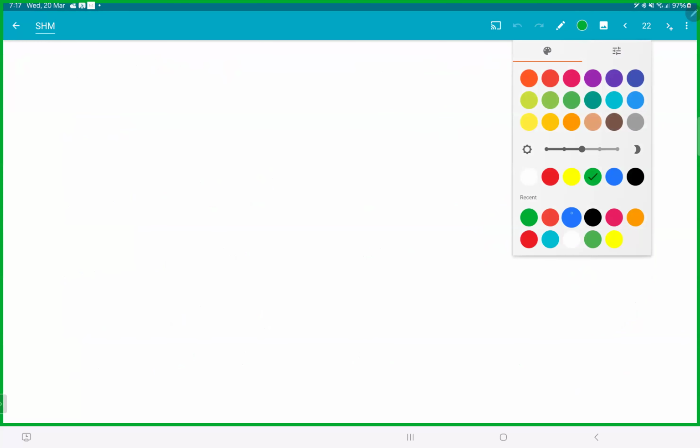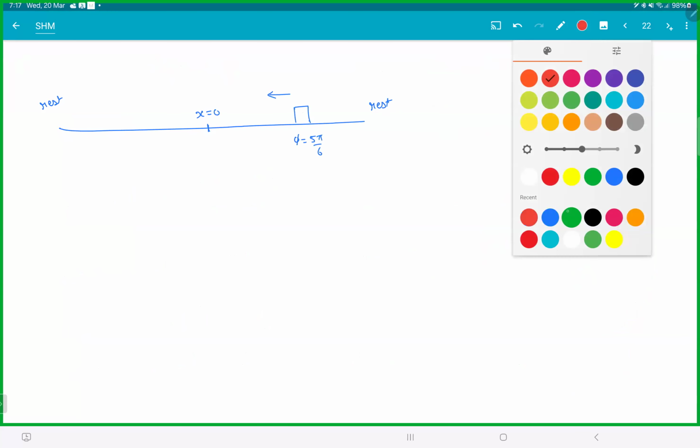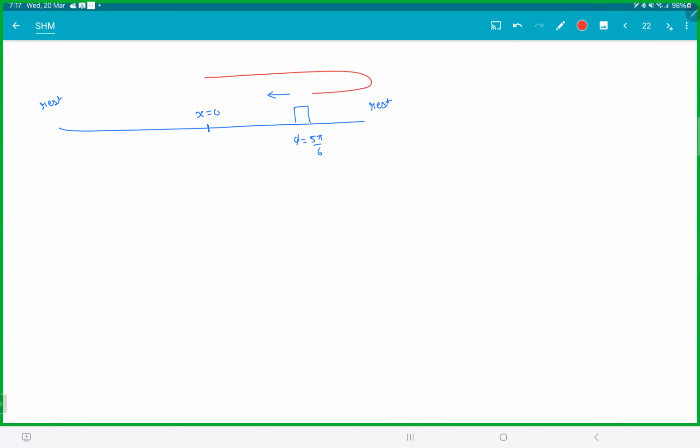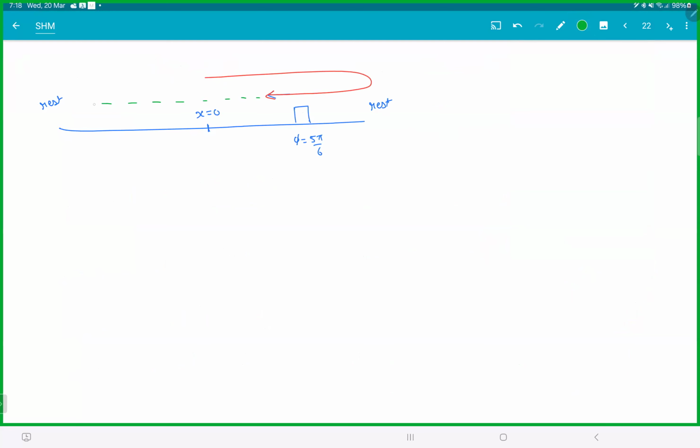So if I try to draw it on a line, x is equal to 0, you're at rest here. And you're starting somewhere here. You're going back here, and this phase angle is 5π/6. Means you have already gone forward and come till here. So for you to come to rest, you need to reach this extreme.